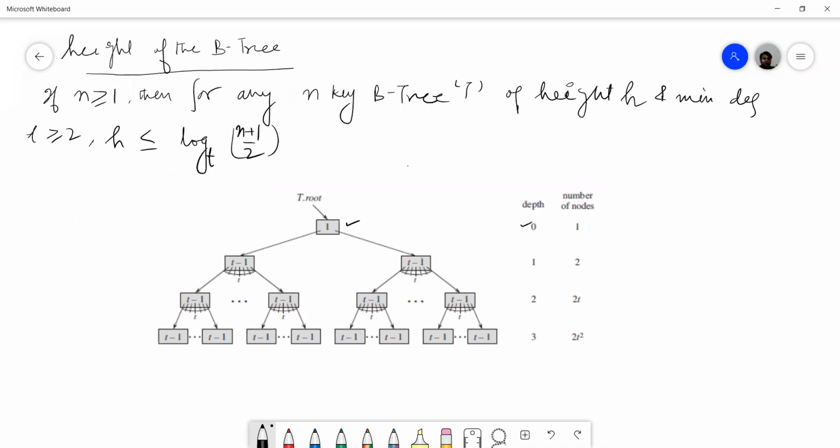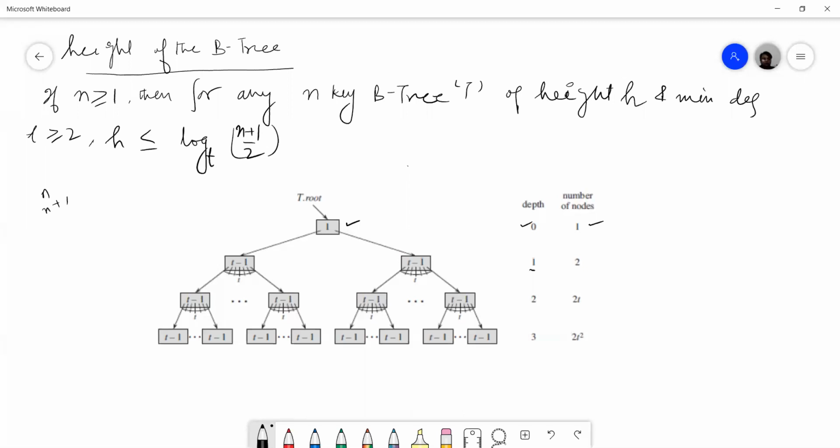So when depth is 0, we have one node in this B tree. This one node will have two children, one left child and one right child, because if the number of keys is n, the number of children is n plus 1. What is the minimum number of children it can contain? The minimum is t. We have already seen that.